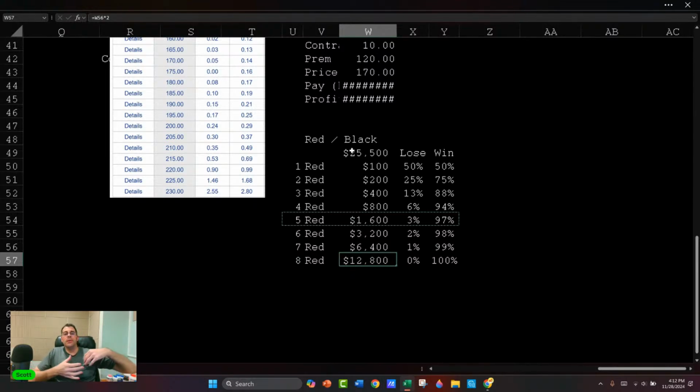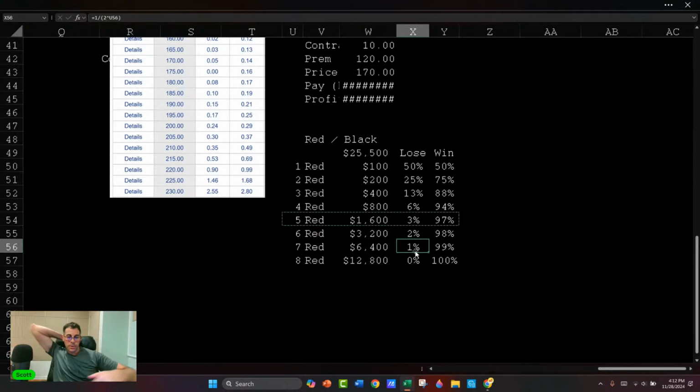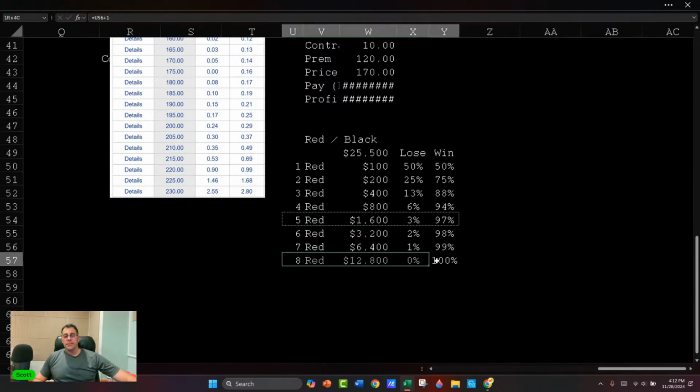Even though the chance of losing your whole bankroll is only 1%, if you do this game every day, you'll probably lose your whole bankroll every 20 days or so, which will wipe out all your past winnings.